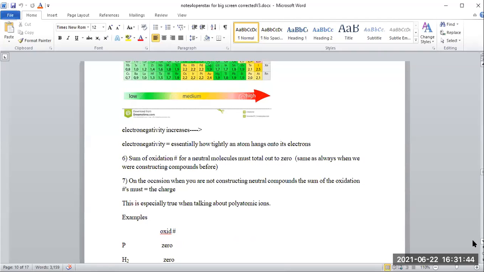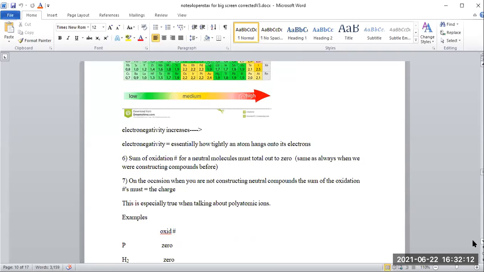So one of the things we also said in nomenclature was make your molecule charges add up to 0, okay? So this works as long as you actually have a neutral molecule. We occasionally see things that are not neutral molecules.